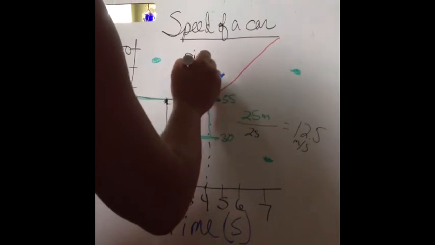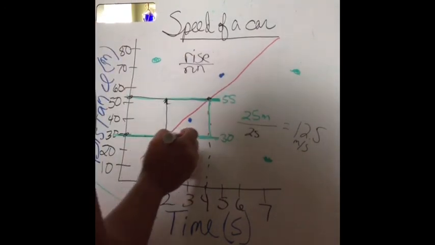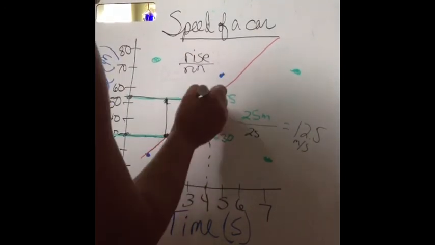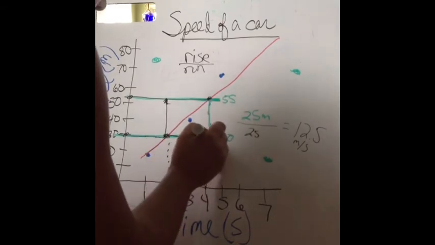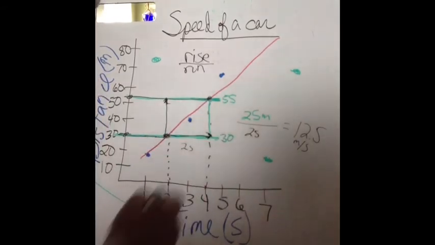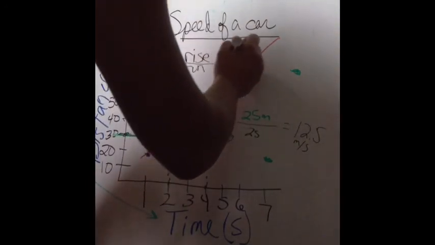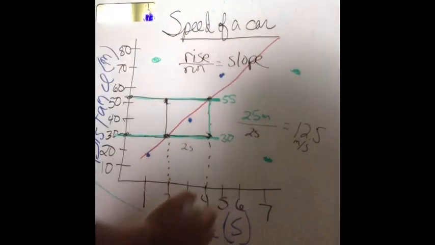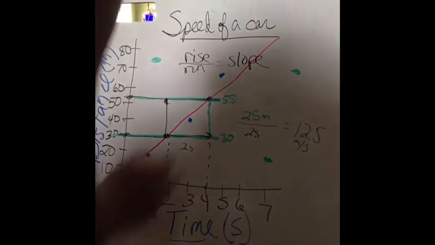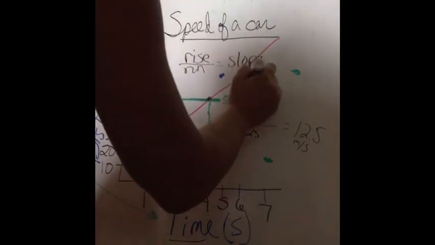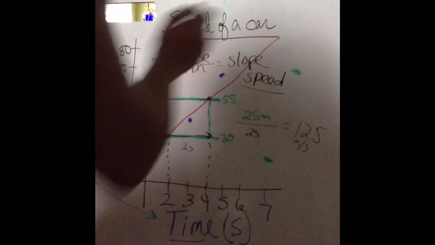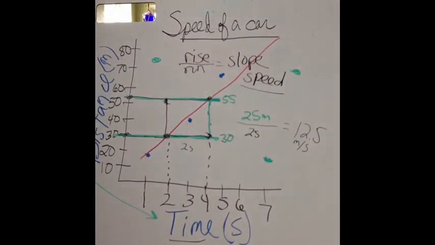Over the run, which is this direction. From here to here, that's that many seconds of time going by, 2 seconds. But rise over run gives you the slope. And when you have time versus distance, that slope is going to be the speed of whatever object it is you're measuring.